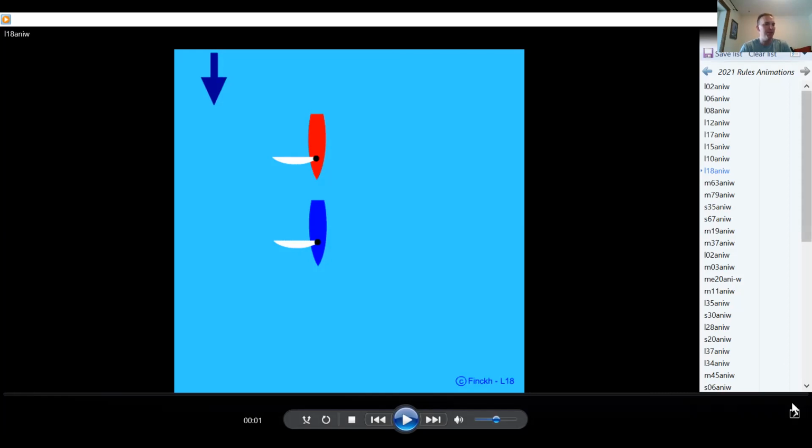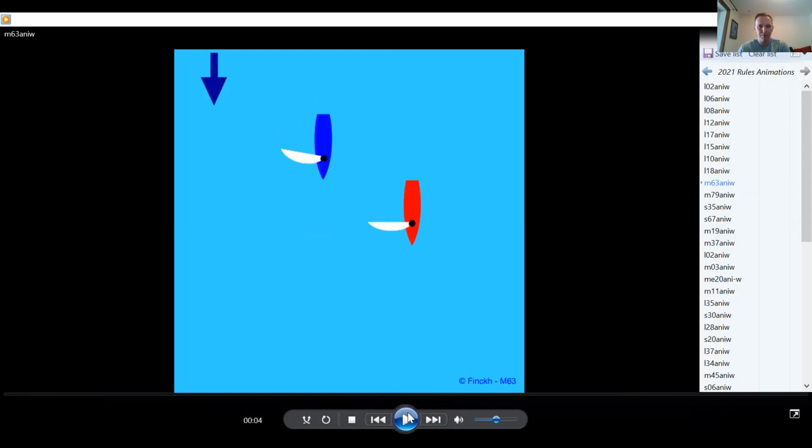Okay, so this is the passing rule: if you're passing someone, you cannot take them above their proper course. Here, blue is passing red. Blue's going faster than red and coming from clear astern to overlap and pass red. So blue can't head red up.